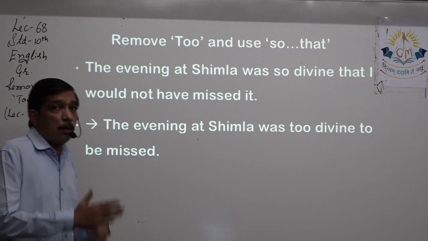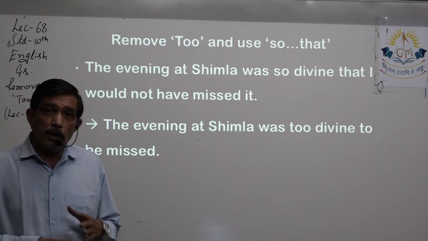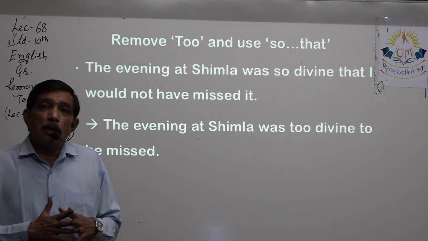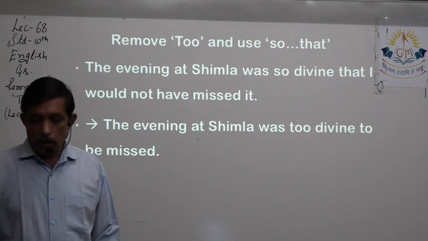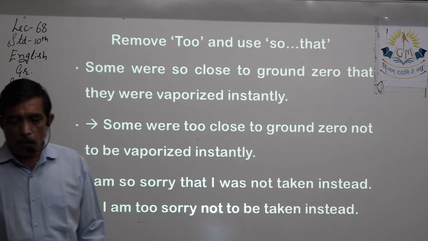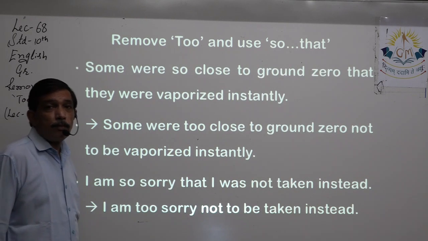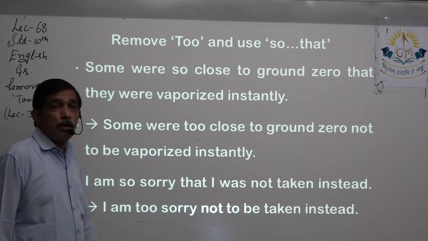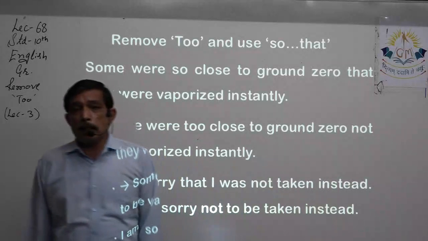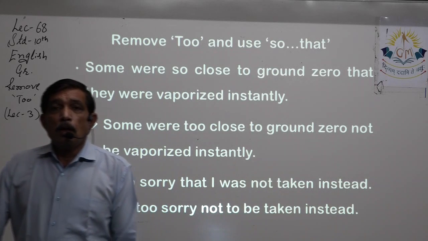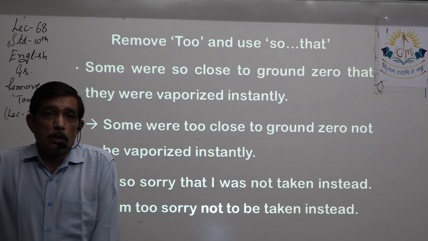But the same thing could not have been done in the previous sentence, right? We just couldn't make a sentence removing the negation. For example, if we go back again, I am too sorry that. I am too sorry to. We do not have, because we just have two words, "taken" and "instead". Taken is the past participle of took.